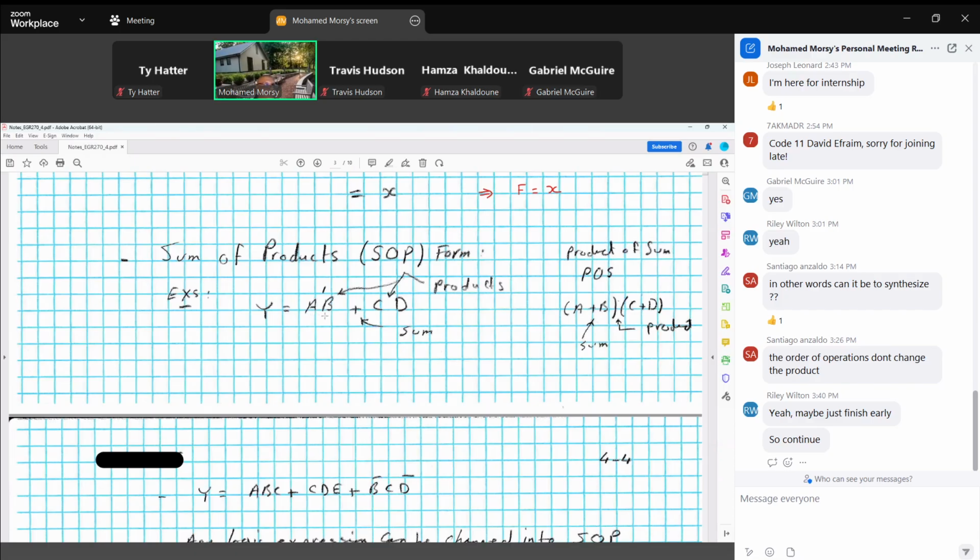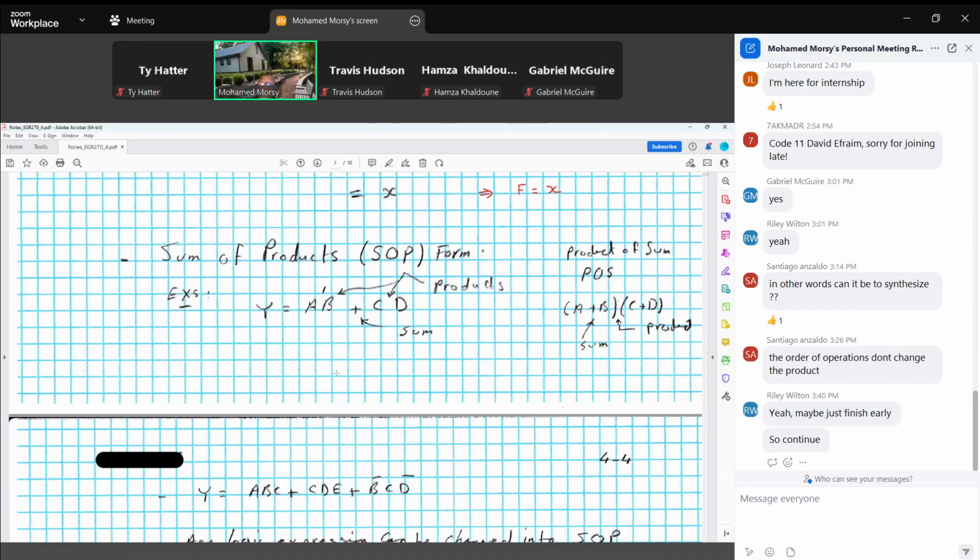We can see A multiplied by B, C multiplied by D. So these are product terms. And these terms are added, logic addition. So we have plus here, sum. So this is called the sum of products. And this one is actually the most popular one used to express the Boolean function.